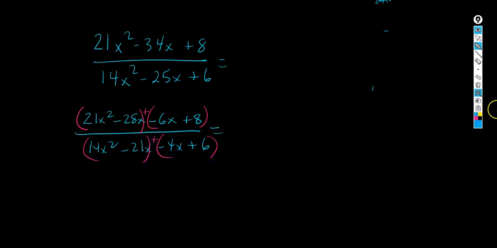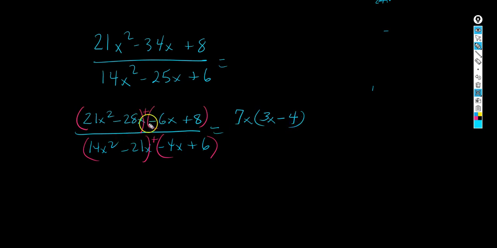So with this first grouping, I can factor out a 7 and an x. And I'm going to be left with, well, 21 divided by 7 is 3, and x squared take away an x is x. Then minus 28x divided by 7x is going to be minus 4.